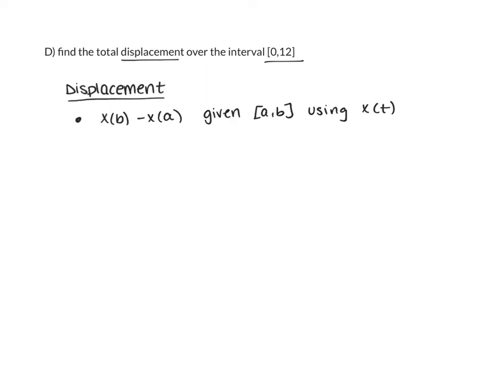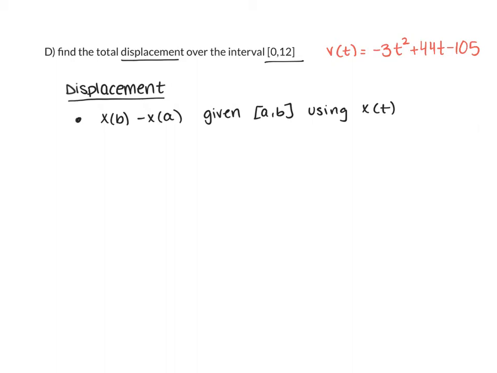However, if you recall, the information that's given in this problem is v of t. So I'm just going to rewrite it. My v of t function was given as negative 3t squared plus 44t minus 105. So we must have another formula that we can use when finding displacement.